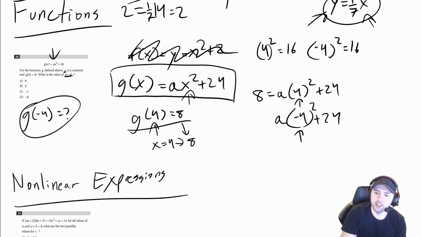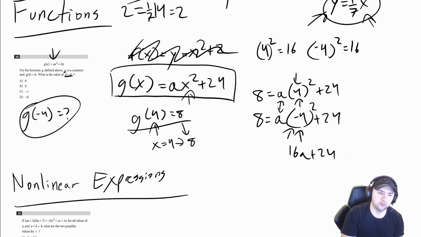So whatever a is, we can actually not even find what a is equal to because we know that 16a plus 24 will be the same thing for positive or negative 4, and so we know that this is going to be 8. Now, if you didn't notice that, you could go ahead and solve it the way we originally thought we were going to, but we're just going to go ahead and select positive 8 here and move on to the next question.